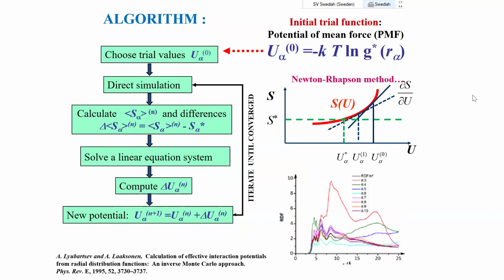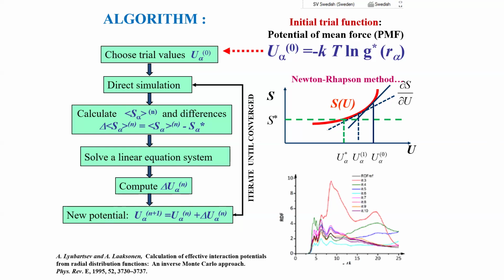This is the algorithm. It starts so that you decide the coarse grain beads in your system, and then you calculate the radial distribution function between the points which are centers of the beads. And you calculate potential of mean force, which you iteratively refine, which you can see on this picture on the right lower part.